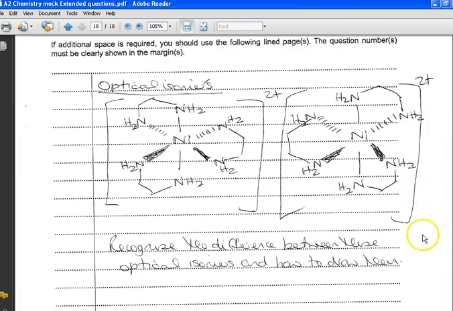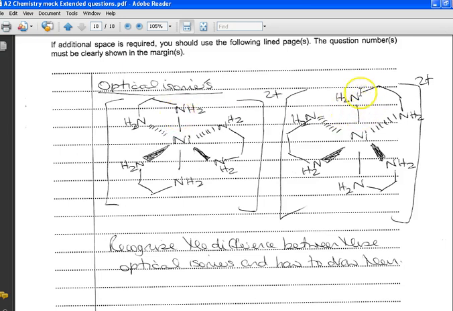We know that our nickel is in the middle, and you've got to draw the optical isomers for them. So if you look at these diagrams, you can see that these ligands have all just moved round one. Here you're going from this bond, the one that's going back into the paper, to the one in the plane of the paper.